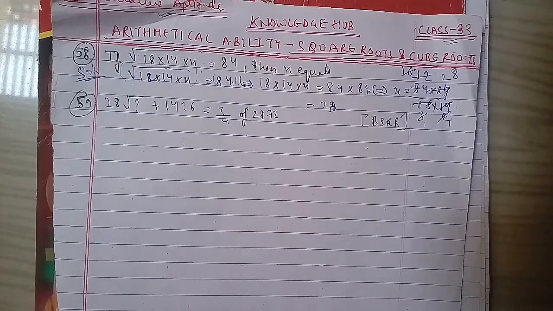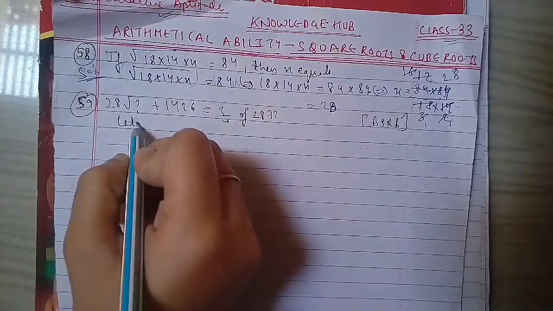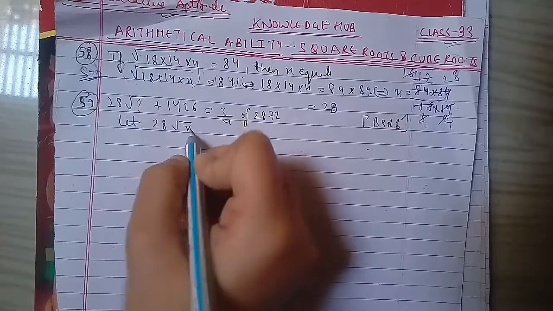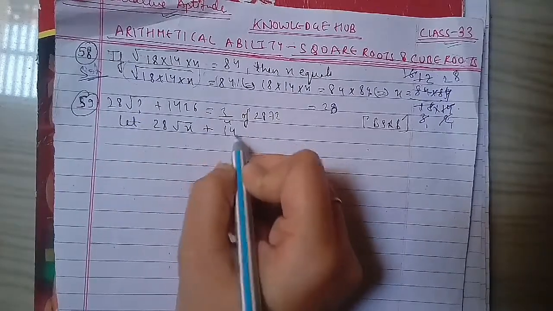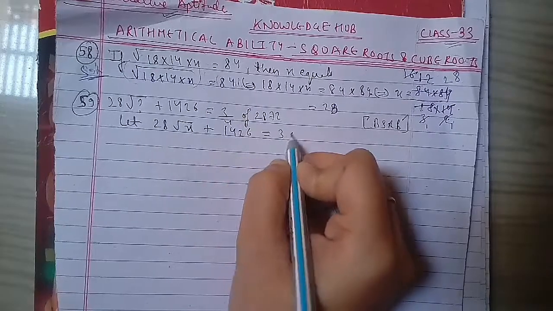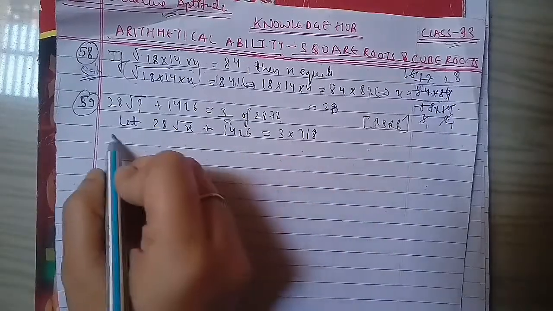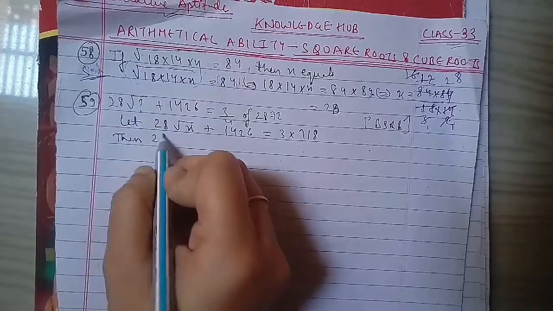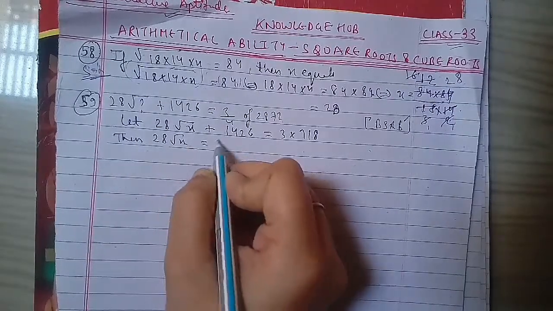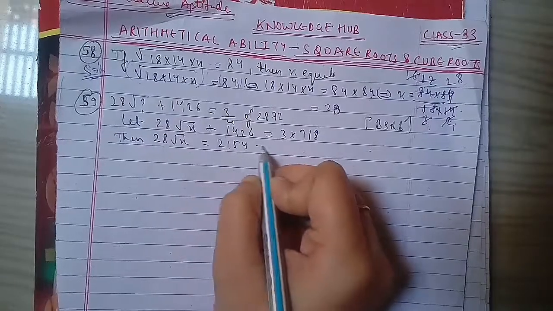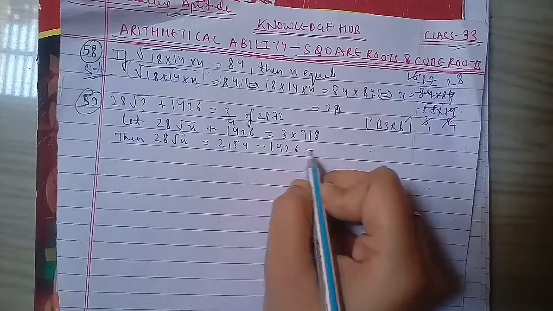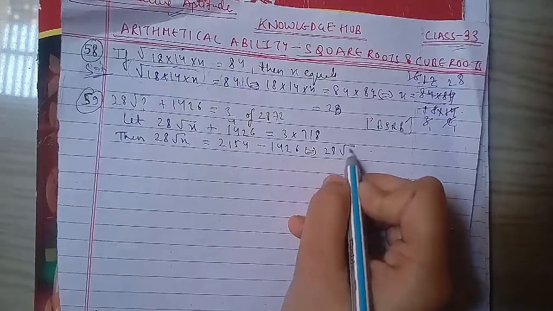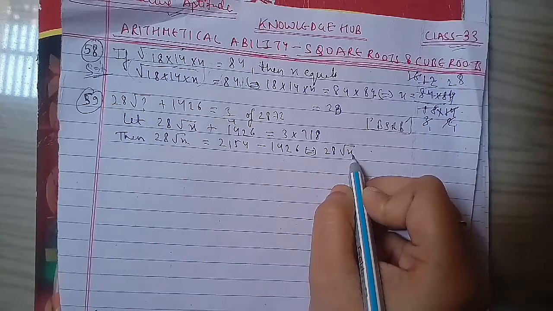So 28 under root x plus 1426 equals 3 into 718. Then 28 under root x equals 2154 minus 1426, which is 728. So under root x equals 26.